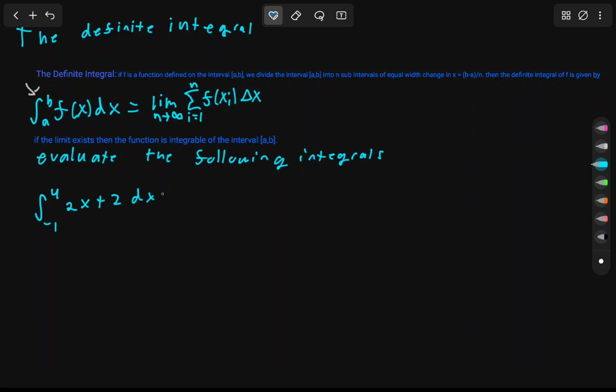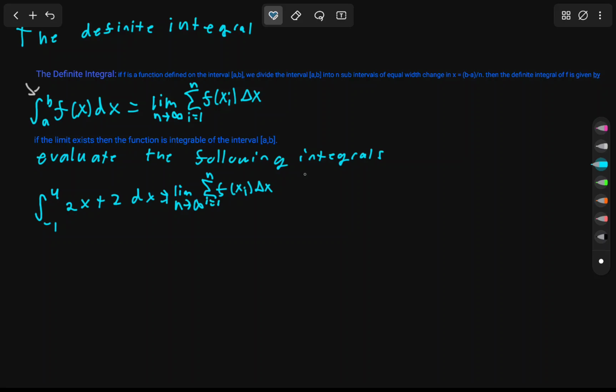Well, what we have to do here is start by changing this into a form we know how to solve. We're going to take a limit as n goes to infinity of the sum from i equals 1 to n of, in this case, we're just going to call this f of x of i times a change in x.